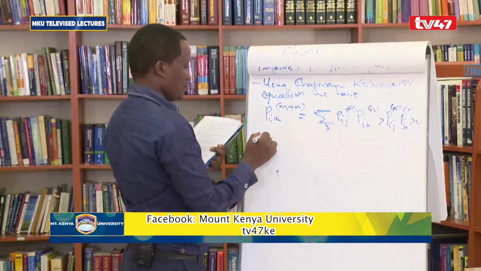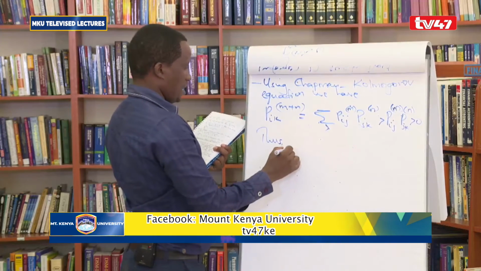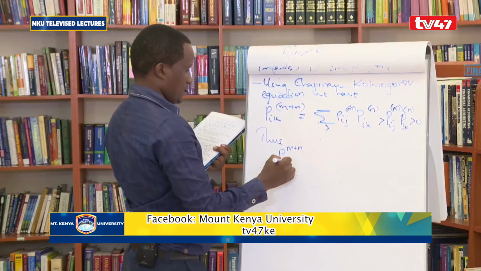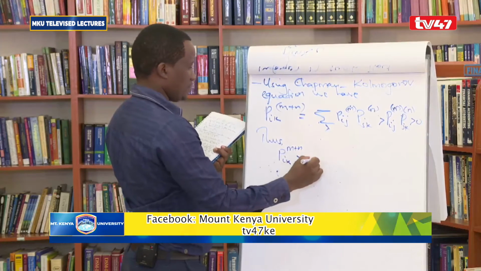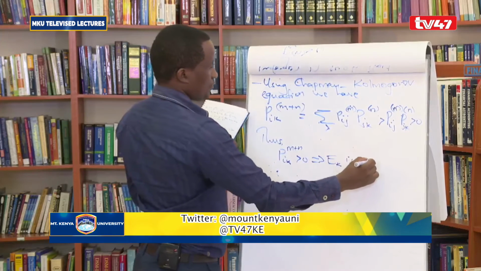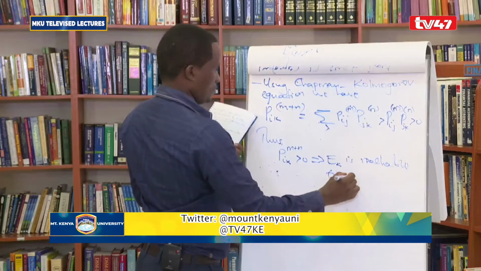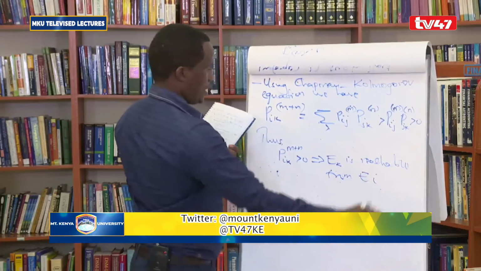And therefore, p_ik^(m+n) is greater than 0, implying that state k is reachable from state i.